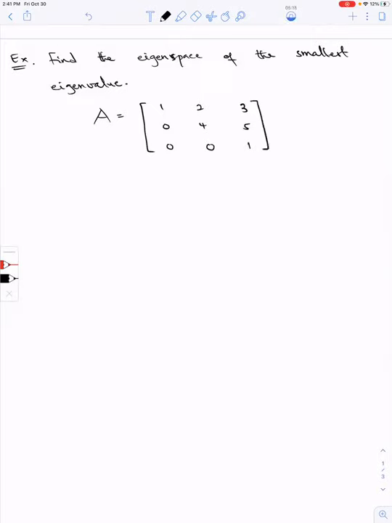Now, to find the eigenspace means I need to find the set of all the eigenvectors of A and include 0. First off, we need to find the eigenvalues.